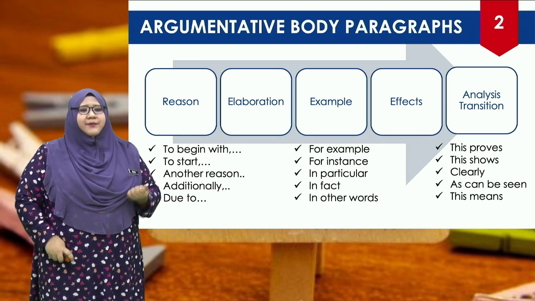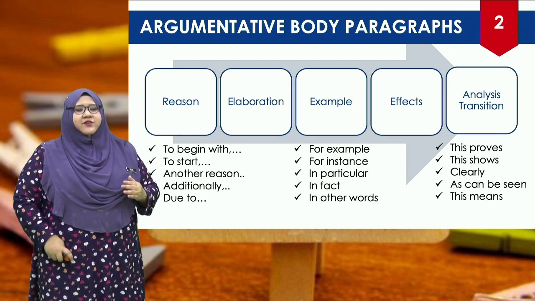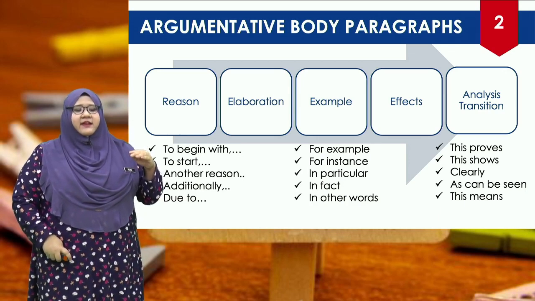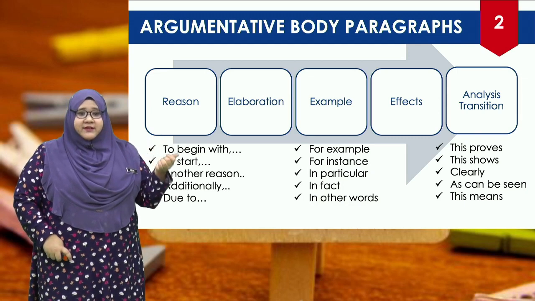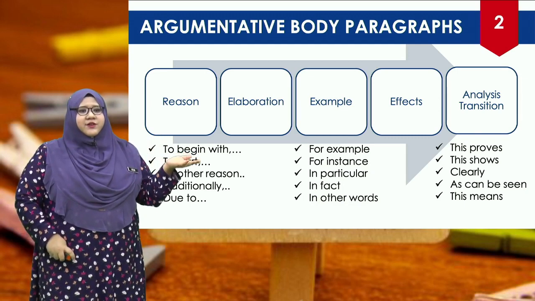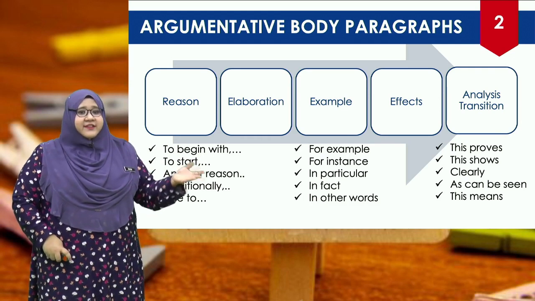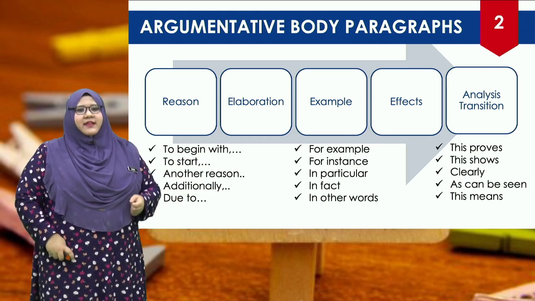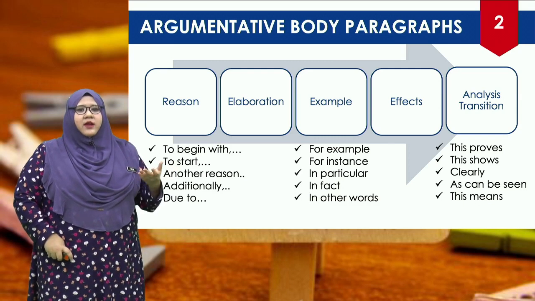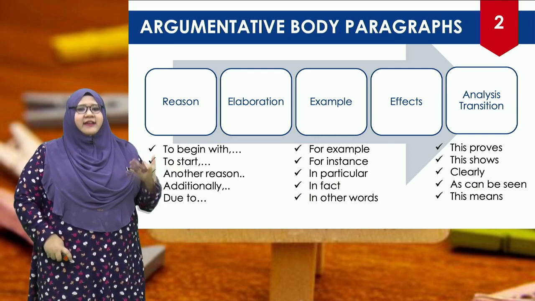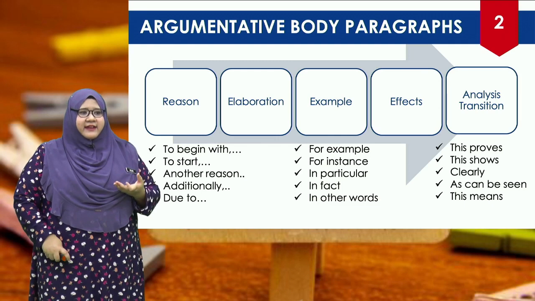Don't use the same thing over and over. If you have used for example in, say, the first body paragraph, when you introduce your example in the next paragraph, use something else. For instance, maybe? And then you can explain a bit about the effects and analysis transition at the end.